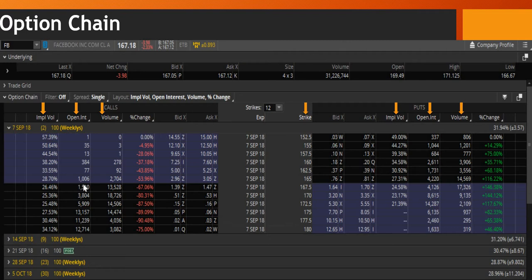We also see over here we have the open interest and volume. You want these numbers to be high because they also help tighten the spreads on these options. Implied volatility is very important. The lower the better. If you trade options with very high implied volatility, if the implied volatility drops for whatever reason, so will the value of your options, right?